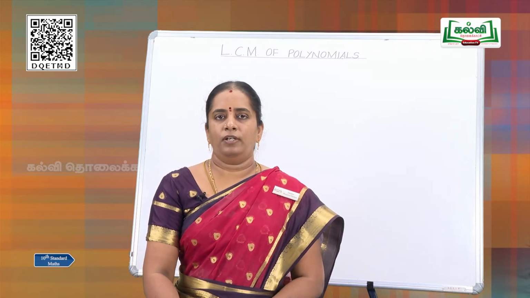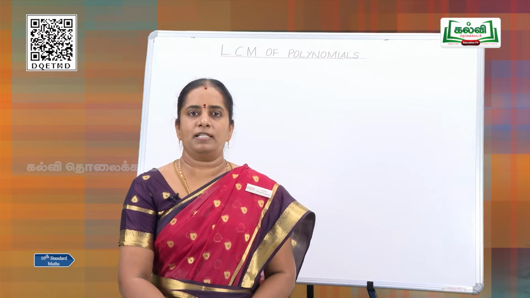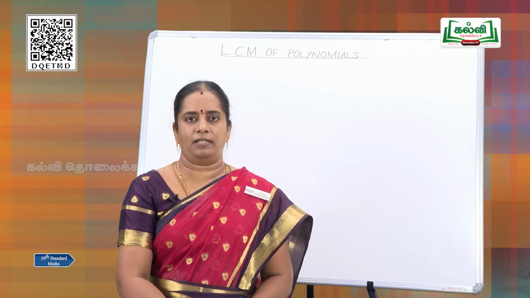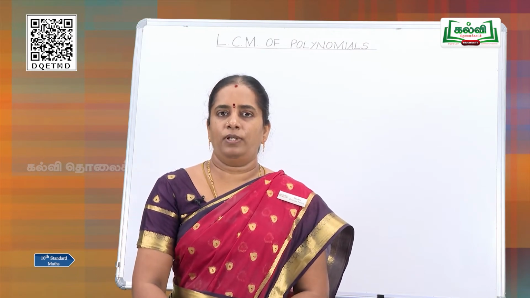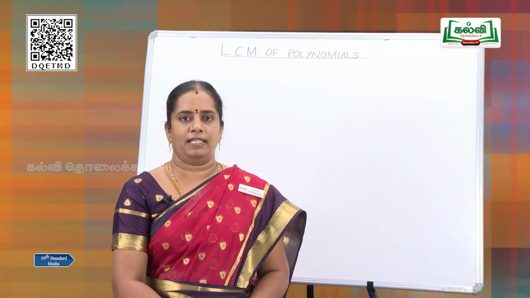So we are going to learn the procedure of taking LCM and the relationship between LCM, GCD and the polynomials taken. First we are going to move into the problems where we factorize the polynomials and find the LCM.